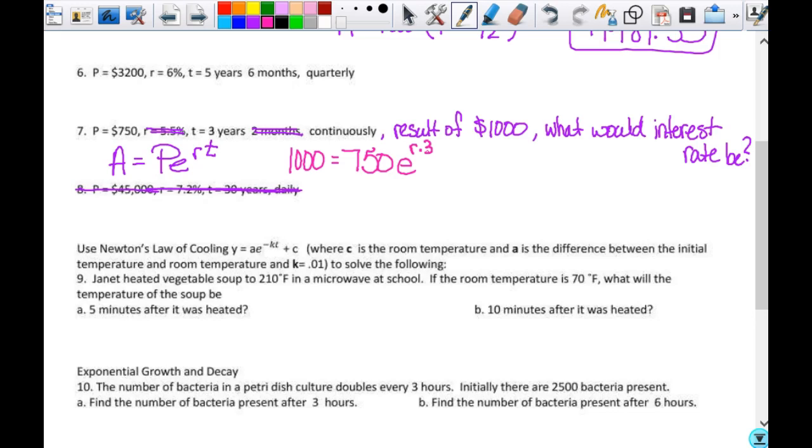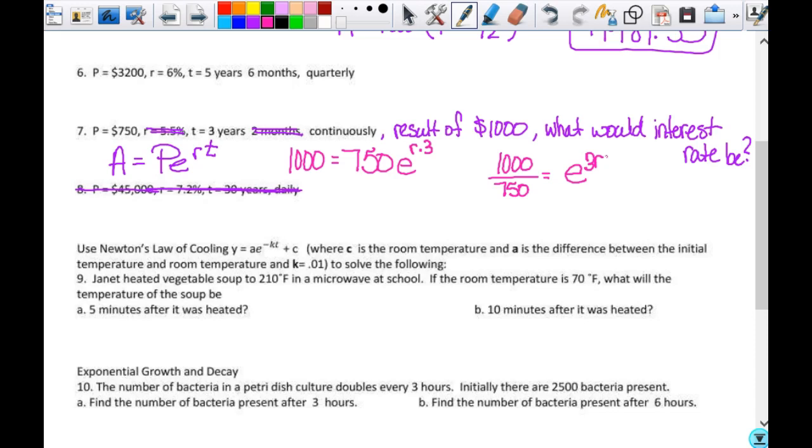Everybody with me? So in order to figure out the rate, I'm going to have to use my logs a little bit. So what's the first thing I need to do? Divide by 750. So this is going to give me 1,000 over 750. I can reduce that, but I really don't care because I'm using a calculator, so it's not worth accidentally doing something wrong. Times e to the 3r power, or r times 3, whatever. So what would I do next?